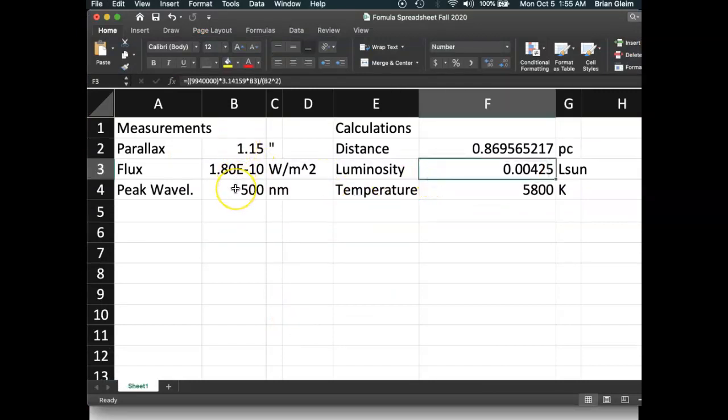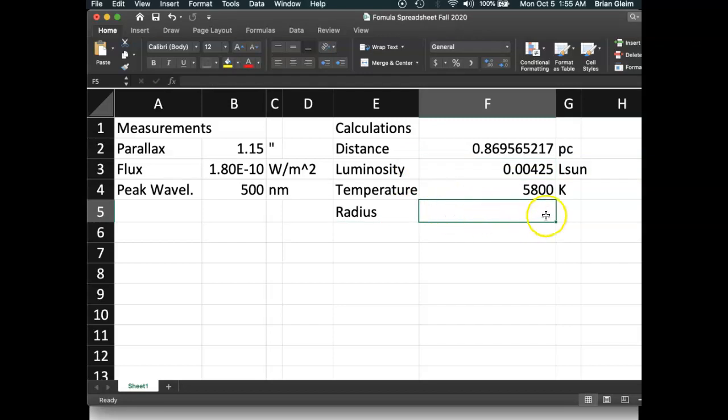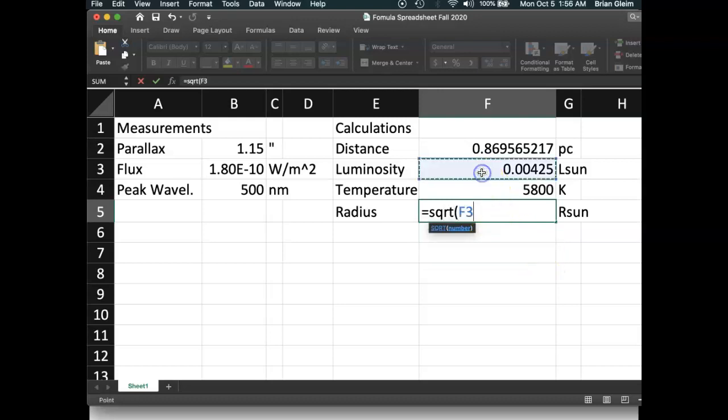If we know these three observables, we can solve for luminosity, we know temperature, and now we can know radius. The radius of that star in solar radii, which I'm going to symbolize with the sun symbol, is the square root of luminosity. SQRT is usually the shorthand for square root in most spreadsheet programs.